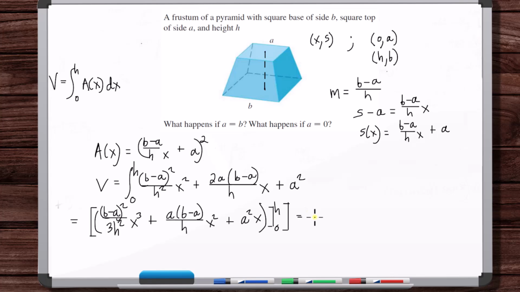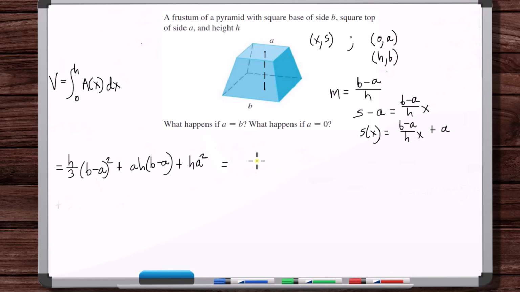When this is h cubed over 3h squared, this cancels and we're just left with h over 3. Now here, when we plug in h, we get h squared, so we're just left with ah times (b minus a), and then we've got h times a squared.